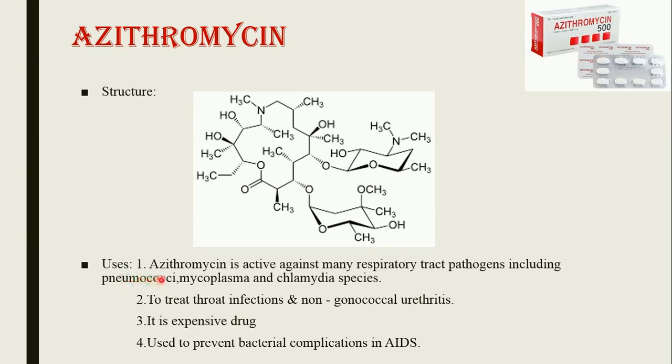Uses of azithromycin: it is active against many respiratory tract pathogens including pneumococci, mycoplasma and chlamydia species. Azithromycin is used to treat throat infections and non-gonococcal urethritis. It is an expensive drug. It is used to prevent bacterial complications in AIDS also.